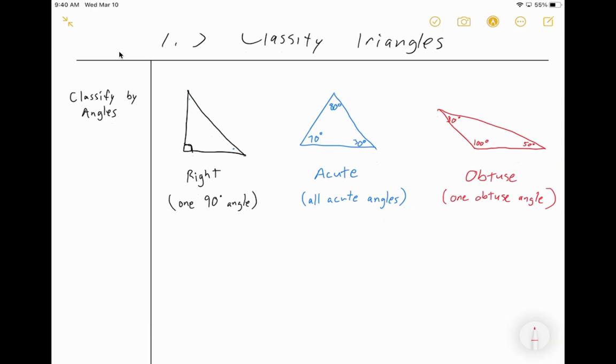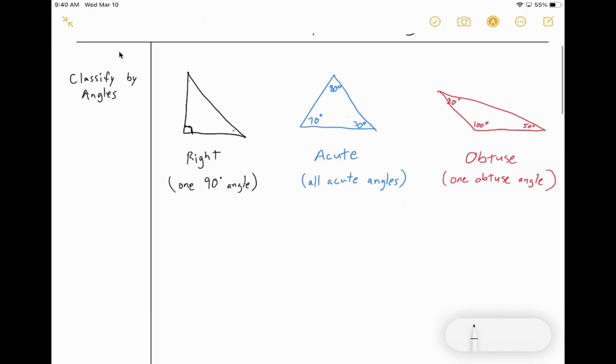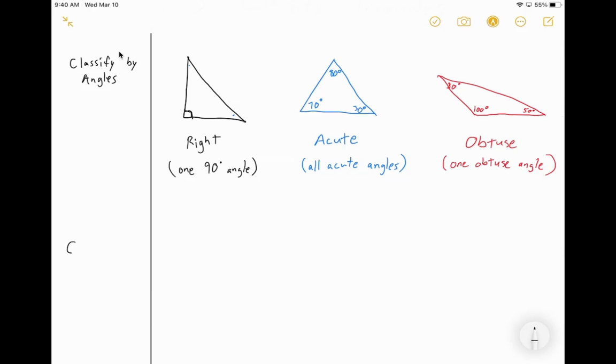Okay, so we said triangles are made up of three angles, and they're also made up of three sides. So we're going to classify by sides. All right, so the first kind, I'm going to put these little marks.